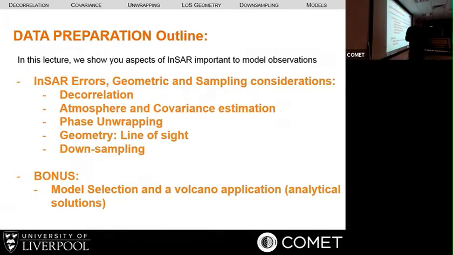I will not enter into much detail, but of all these terms, the easiest to understand for everyone is the temporal decorrelation. So we have elements within a given pixel, and those can change in time.